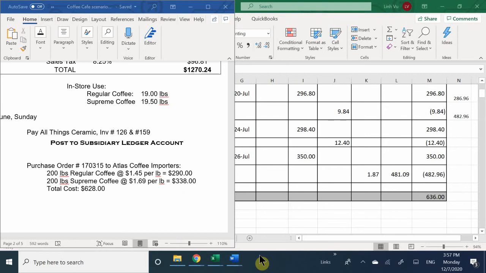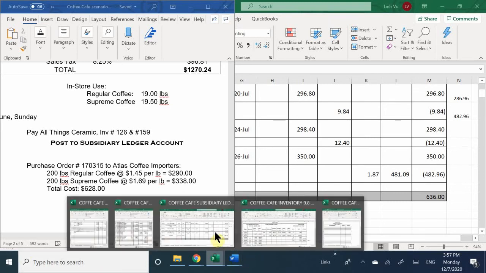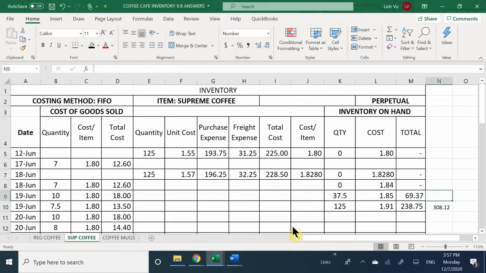Why do I not know? You received a discount. What did you receive a discount on? Oh, on my inventory. Yes. So, coffee mugs.